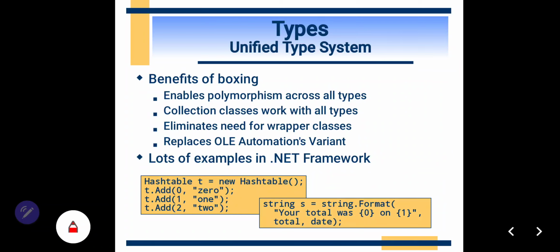Benefits of boxing: it enables polymorphism across all types, value types or reference types. Collection classes work with all types, it eliminates the need for wrapper classes, and replaces OLE automation variant. There are lots of examples in the .NET framework.